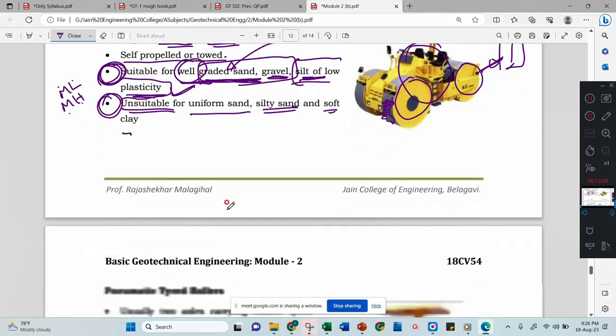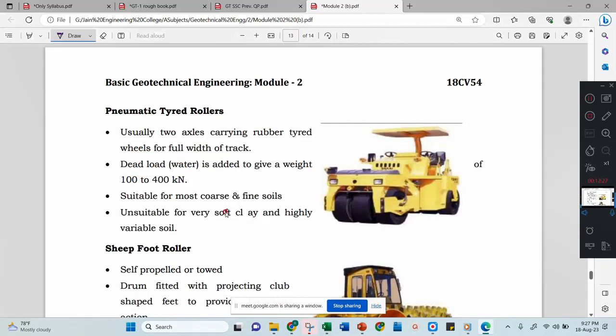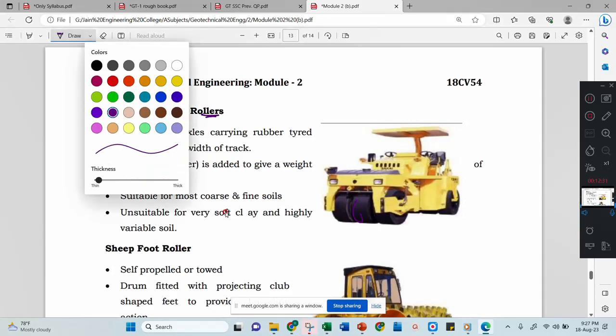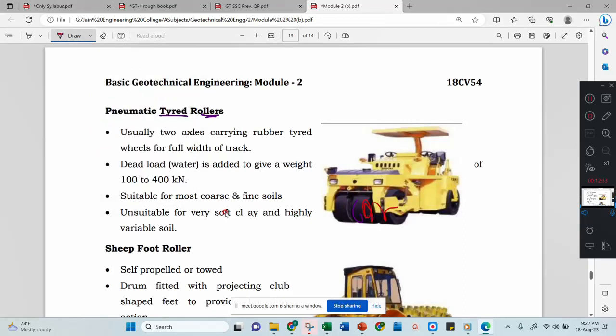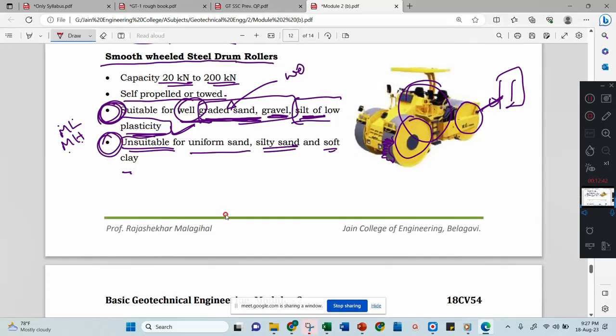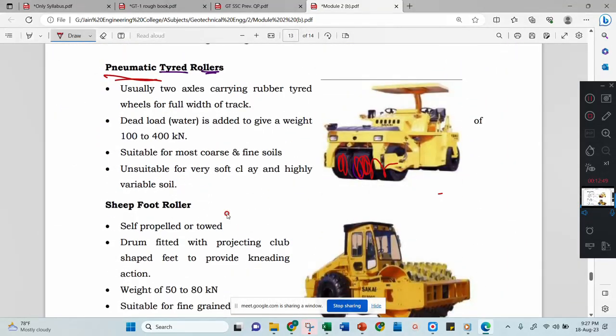Understood? Next one is pneumatic tired rollers. Here we have tires. Why is it called pneumatic? Because it will be pressing and rolling. The earlier one is just rolling, but here it presses and rolls, press plus roll. That is called pneumatic.